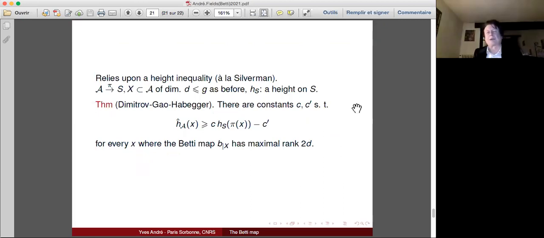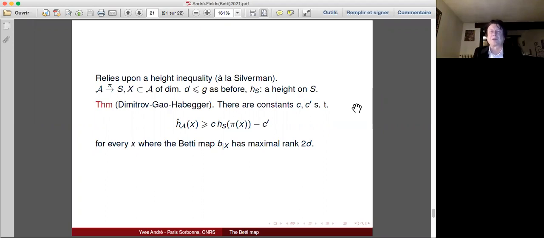So this relies upon a height inequality à la Silverman, which is the following. Again, A to S is an abelian scheme. X is a closed subvariety of A of dimension d, which is less or equal to g, the relative dimension of the abelian scheme, as before. And h_S is the height on S, a positive height.